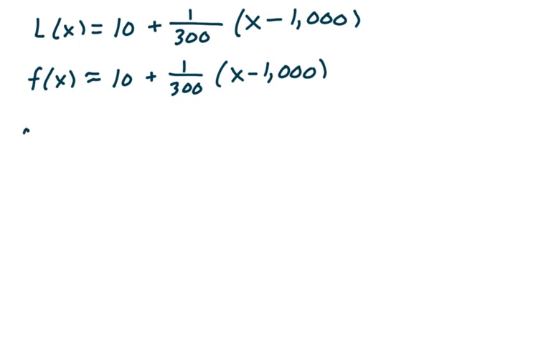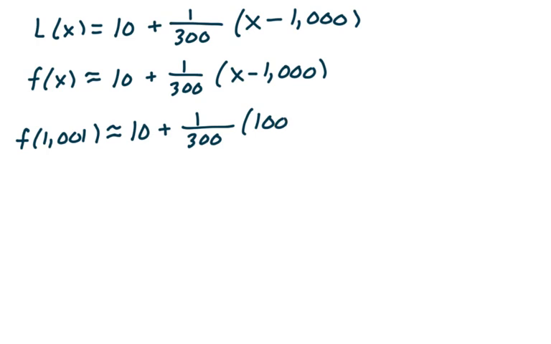Now let's find f of 1001, because that's what we're really looking for. And remember, this is an approximation. So I'm going to replace the x with 1001. So I get 10 plus 1/300 times 1001 minus 1,000, which is 10 plus 1/300.